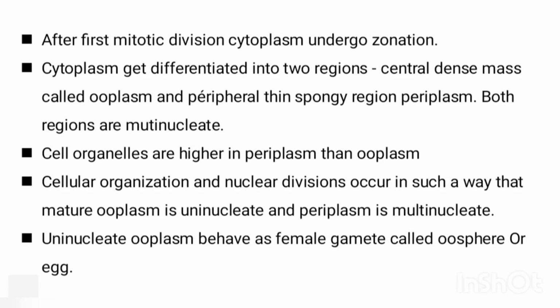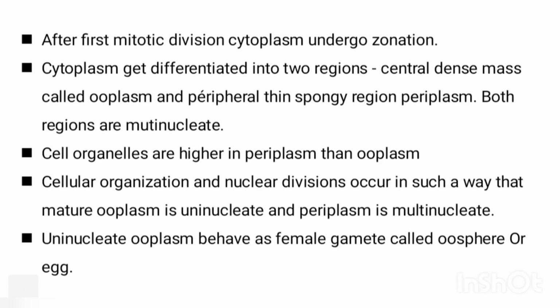The cytoplasm gets differentiated into two regions. It forms the central dense mass which is called the ooplasm, and the peripheral region which is spongy, called the periplasm.